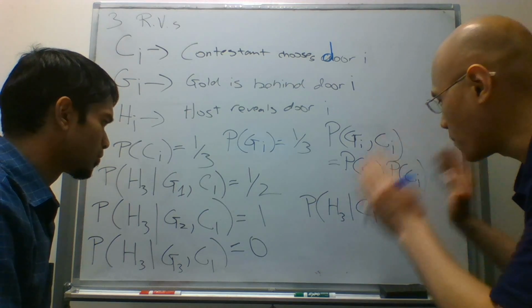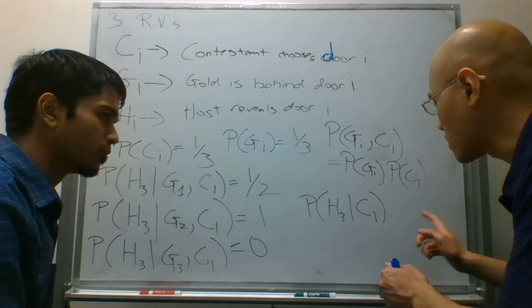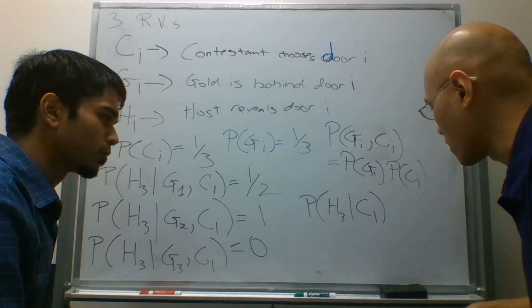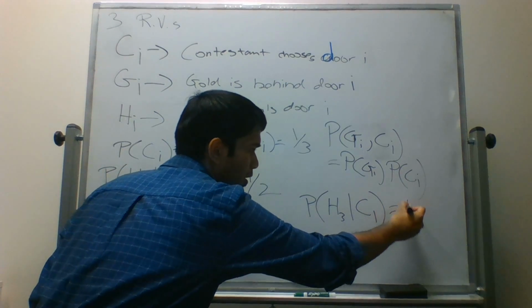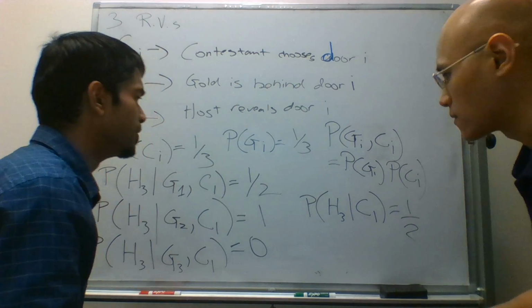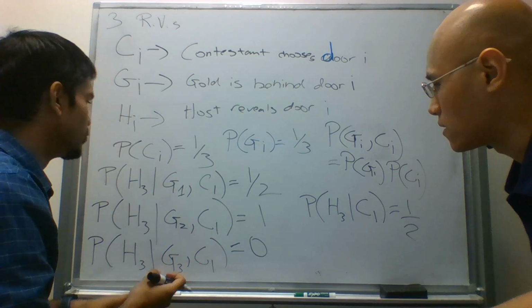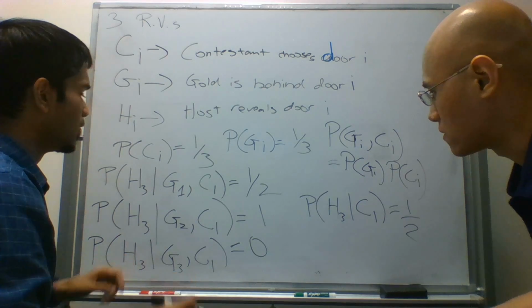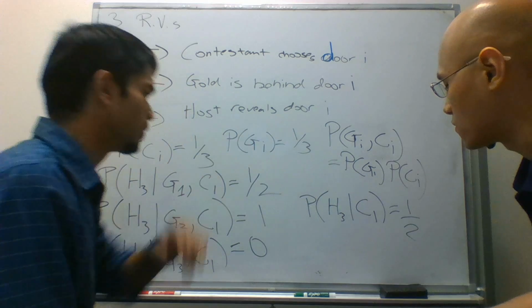What's the probability that he's going to choose door number 3? That probability is 1/2. So regardless of wherever the gold is, this time the host is choosing at random. Before, he had to reveal a door that the contestant didn't choose, and it has to have trash behind it. So we have that, but over here it's just 50-50.